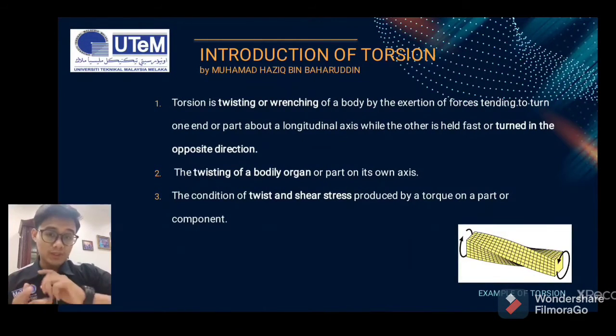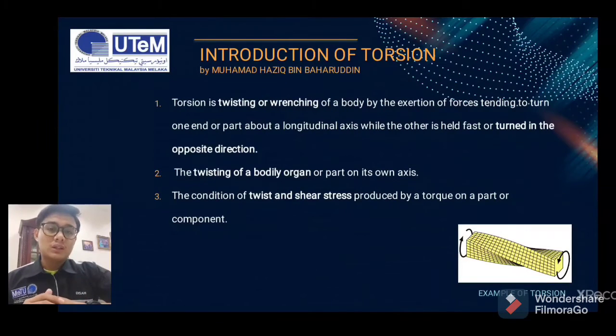Torsion is twisting or wrenching of the body, that exertion of forces tending to turn one end or part about the longitudinal axis, while the other is held fast or turned in the opposite direction.